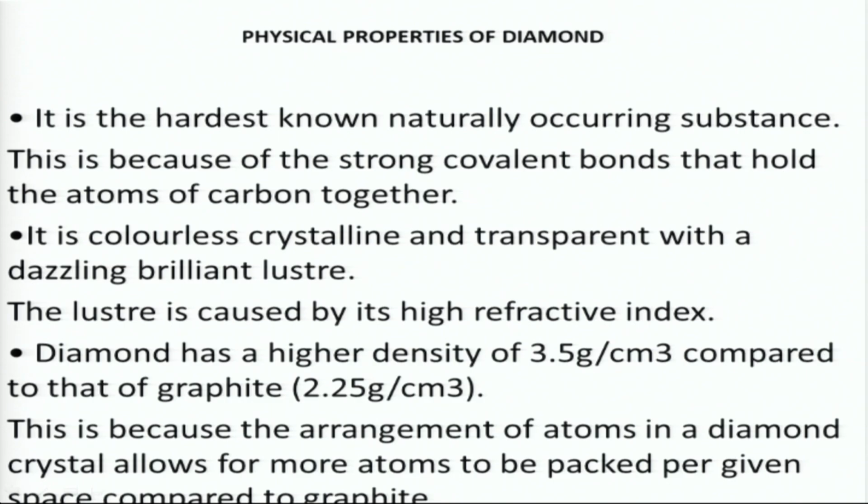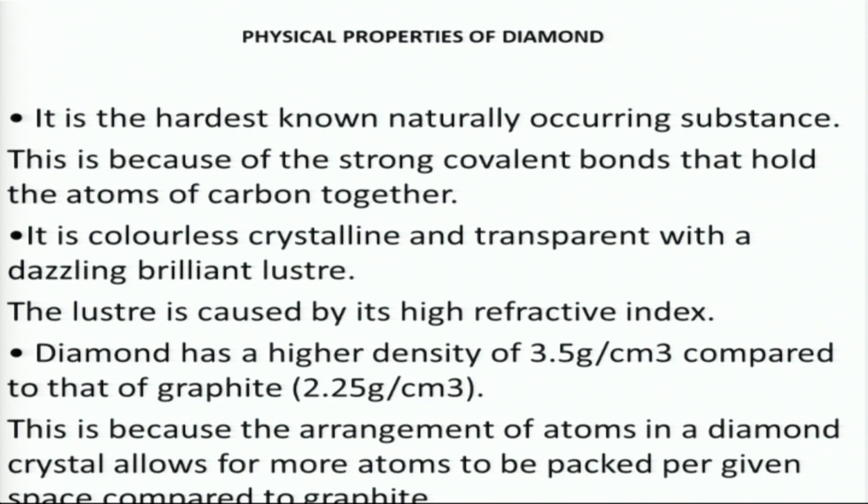This is caused by a high reflective index. So when we relate this property with the function of making jewel, you see that due to it being transparent and beautiful, with that reflection, it is used in making jewel.